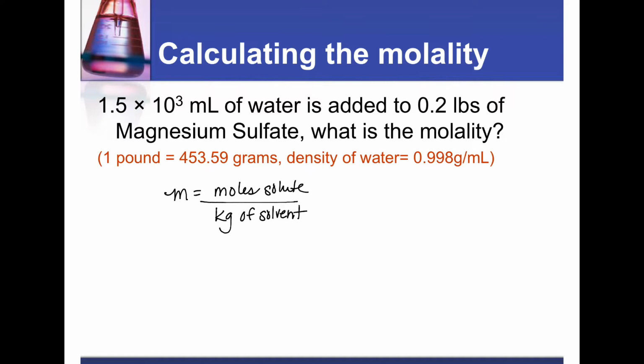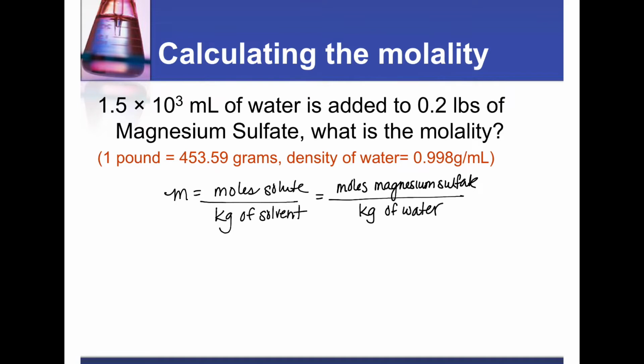And so in this problem, the solute is what there's less of. That's going to be our magnesium sulfate. And the solvent is what there is more of. That's going to be our water. So maybe a better way to write this would be moles of magnesium sulfate divided by kilograms of water.